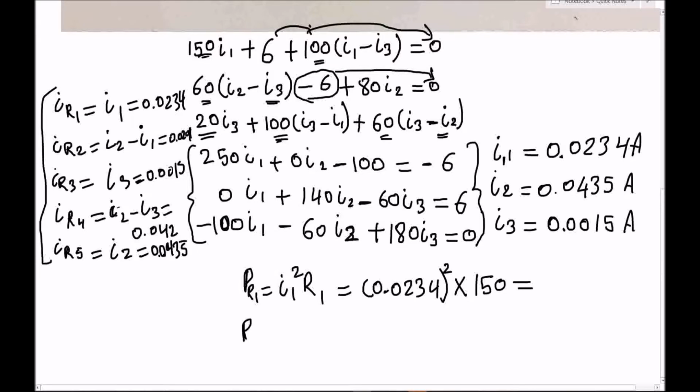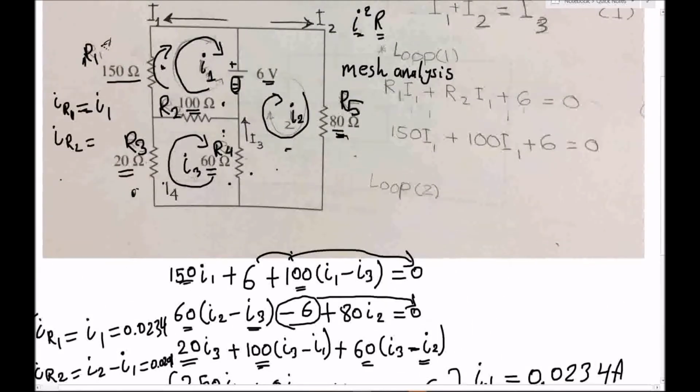PR2 equals I2 squared R2, which is 0.0201 squared times 100.